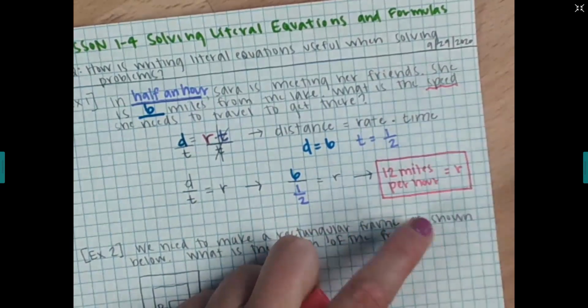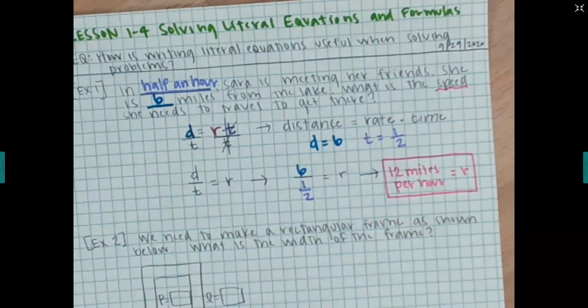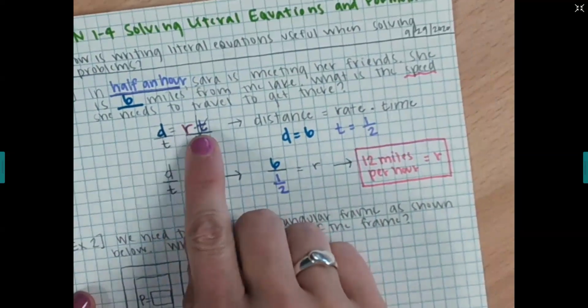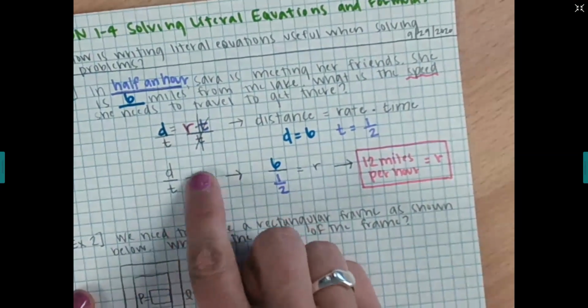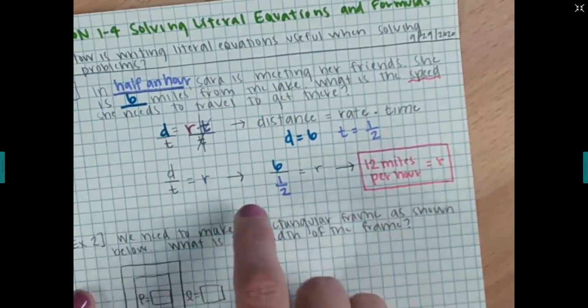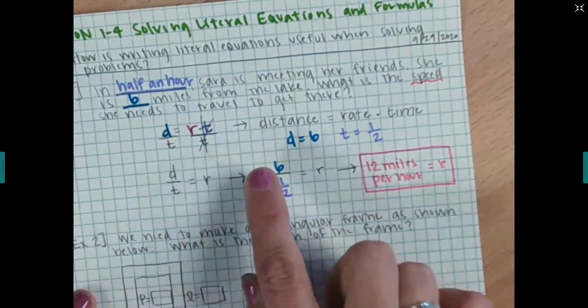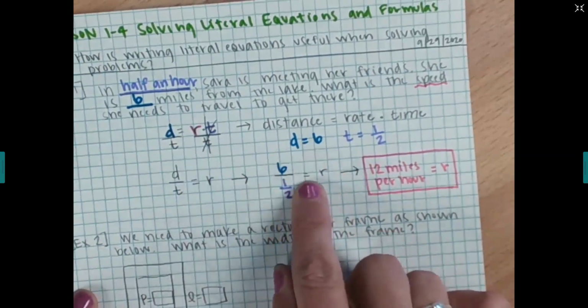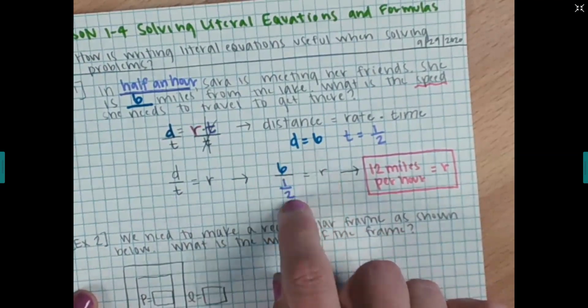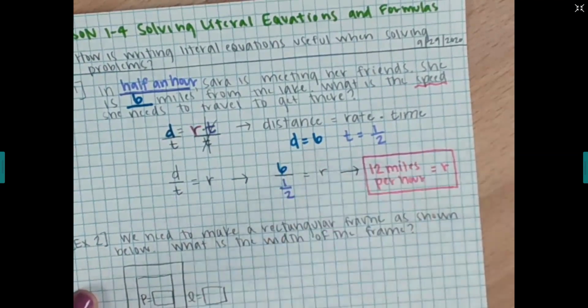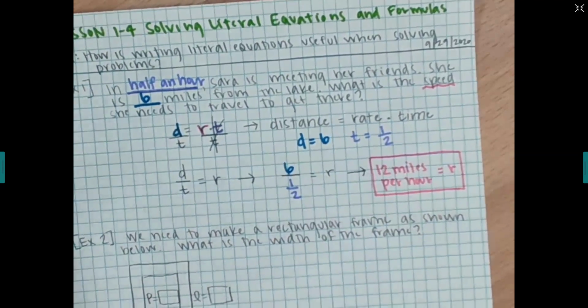So really, you could have solved this by plugging in 6 here and 1/2 here and then dividing by 1/2 to get your 12. But we manipulated the equation first so that our variable is equal to what we wanted to solve for, and then could just plug in and solve for our answer there.